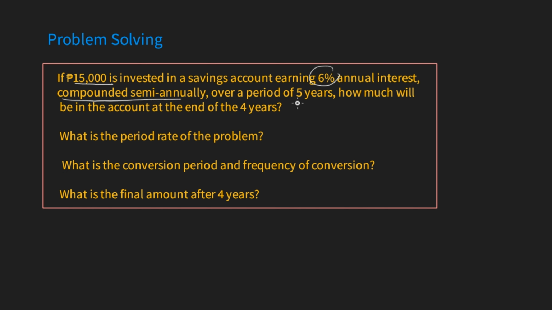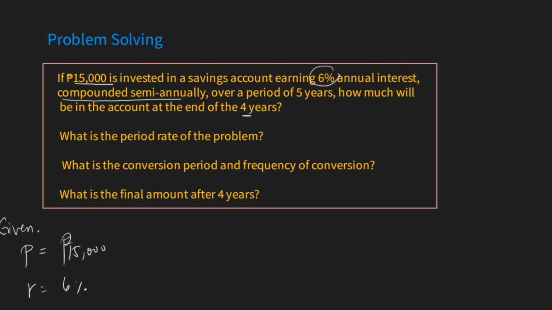Naturally it will be in the bank for 5 years, but the question is about the 4 years. How much will be in the account at the end of the 4 years? So let's have the given: your principal is 15,000 pesos and the rate is 6%.